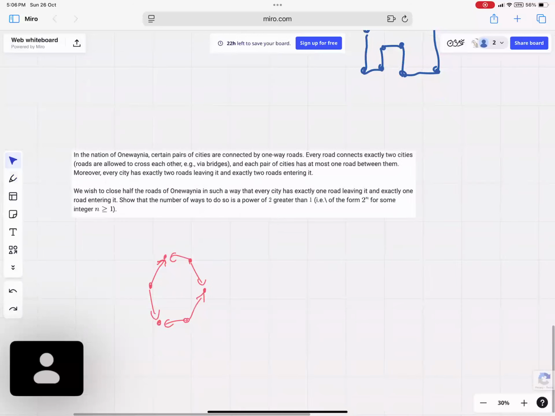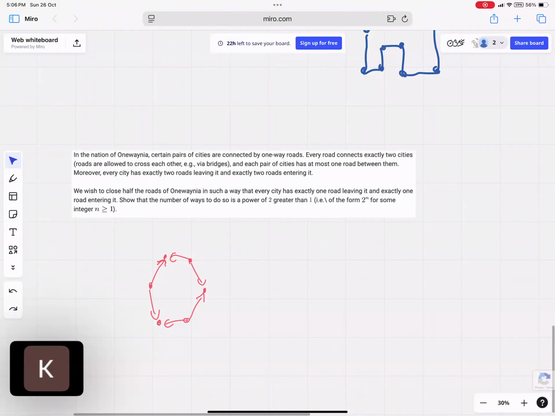Now I am saying that the chosen graph should be a union of cycles, a union of disjoint cycles in particular. Is this true, right? Yes, this we agreed on before. So we just have to find the number of ways of choosing a union of disjoint cycles from the original graph.